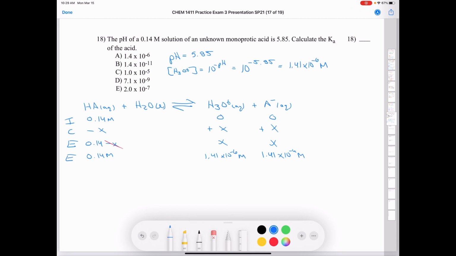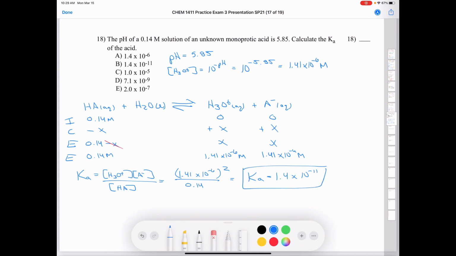Now to evaluate the Ka, since Ka is going to be equal to the concentration of hydronium times the concentration of my conjugate base divided by the concentration of my weak acid, I get that it's equal to 1.41 times 10 to the negative 6 squared divided by 0.14. Again, my Ka should only have 2 sig figs in it, so I do my rounding and I end up with 1.4 times 10 to the negative 11 as being my Ka value. B.